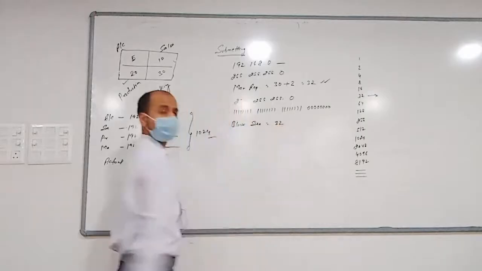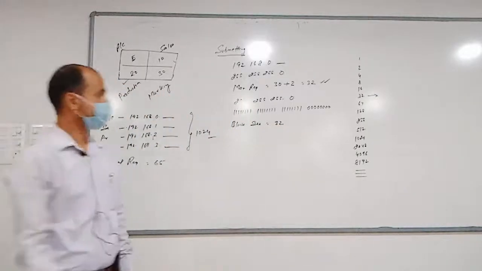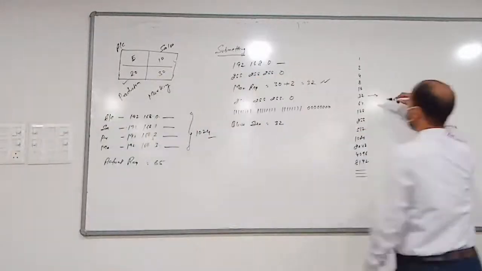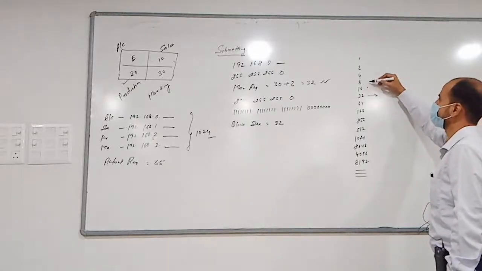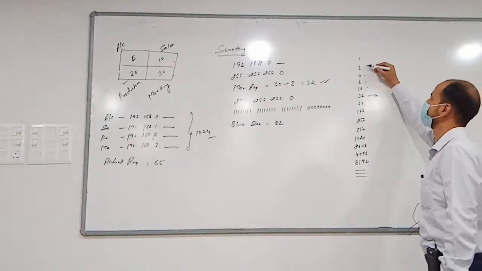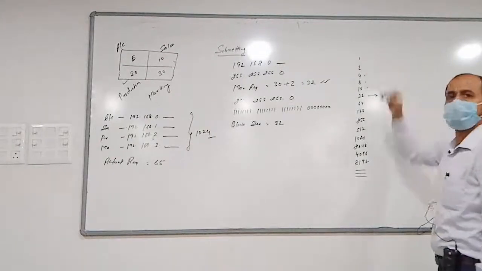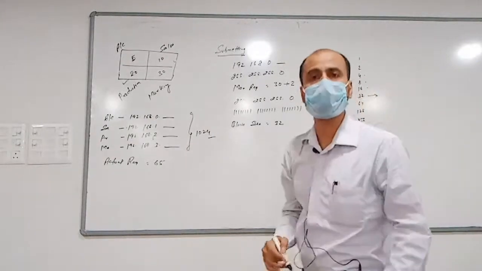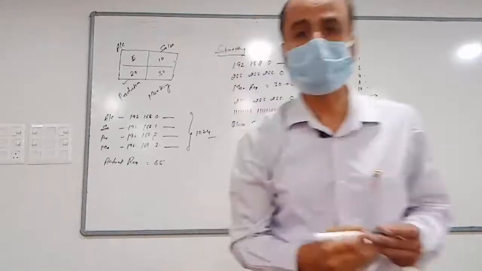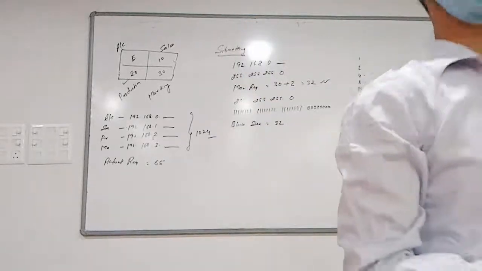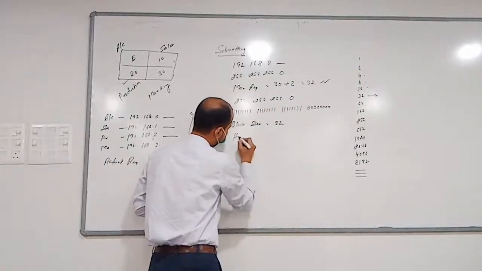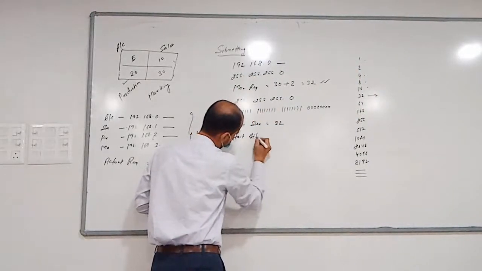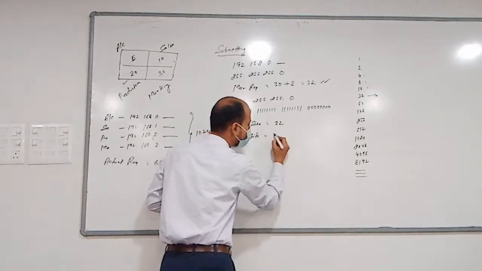32, fine? Now, just count the number of values before the 32: 1, 2, 3, 4, 5. These 5 points represent the host bits. So host bits equal 5.